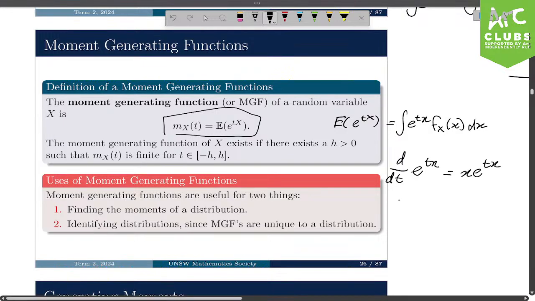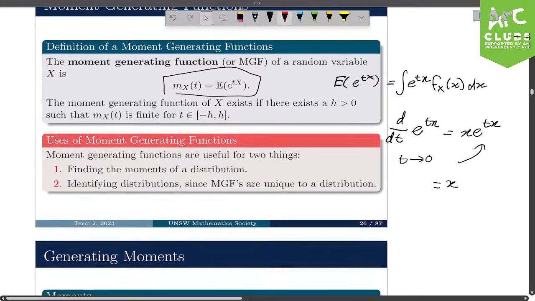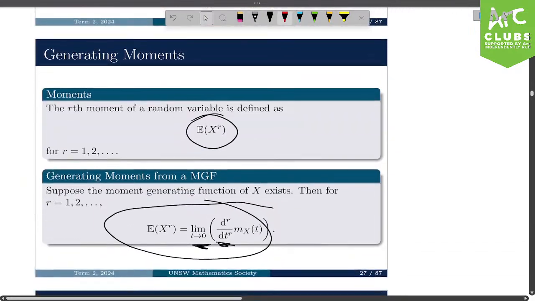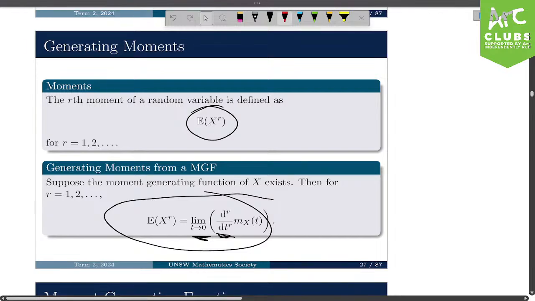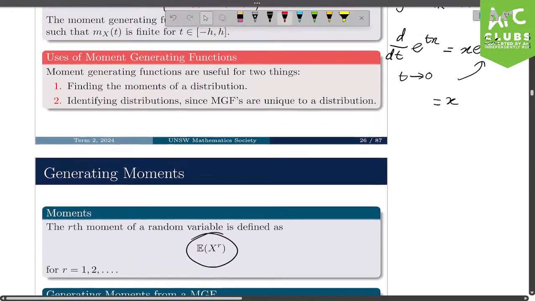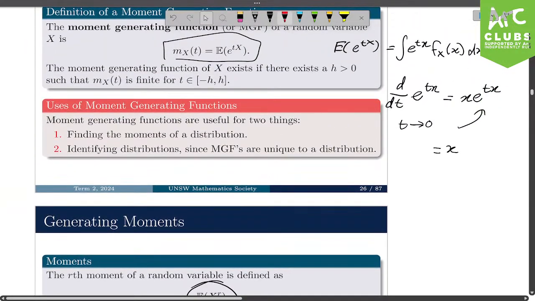And now if I set t to 0, then this e to the t x is going to go to 1, and so we end up with just x. That exact logic is why taking derivatives of the moment generating function gives us the moments. It's just because of how taking derivatives of exponentials works.